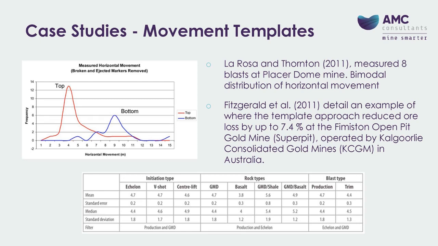Fitzgerald took it one step further in 2011 at the Super Pit in Australia, and he developed a template method for each type of blast in terms of initiation, whether it was free face, echelon or center lift, for each rock type and for each blast type, so production versus trim.